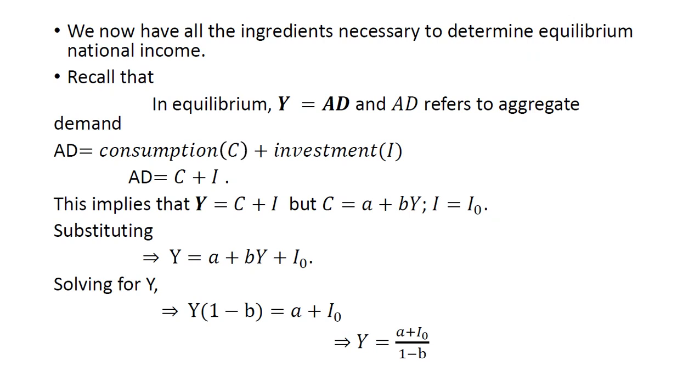As I've said earlier, when we were looking at finding GDP using income expenditure approach, we just say Y is equal to C plus I plus G plus X minus M. That is open economy.